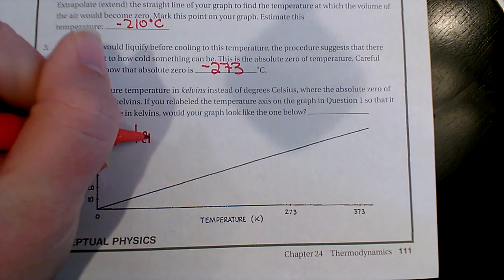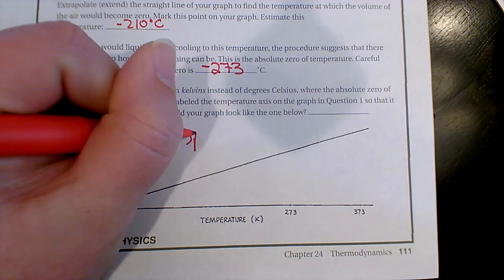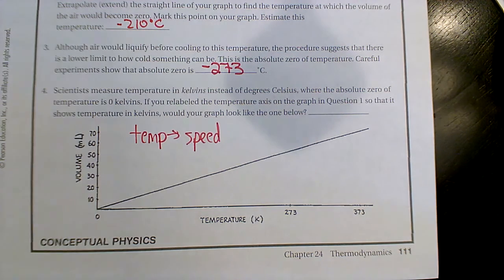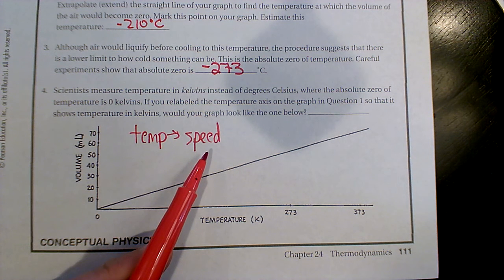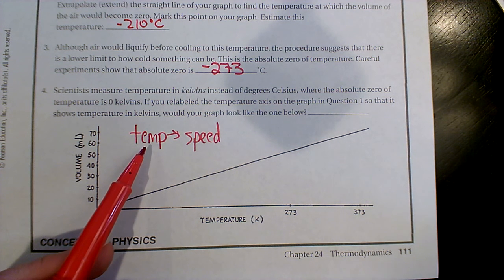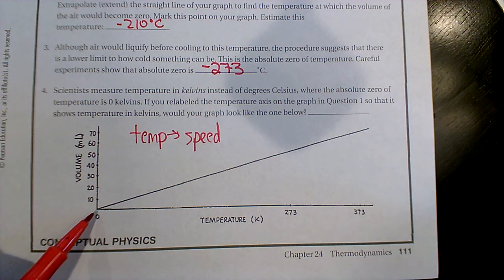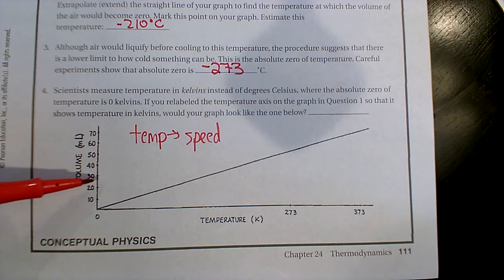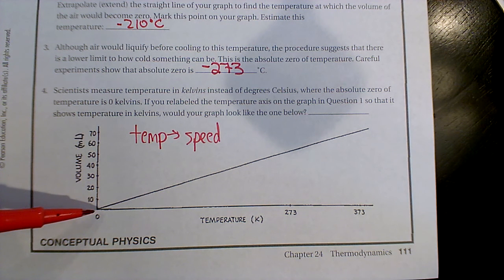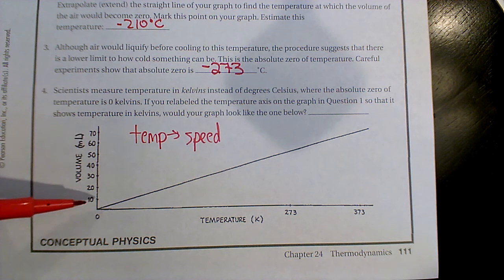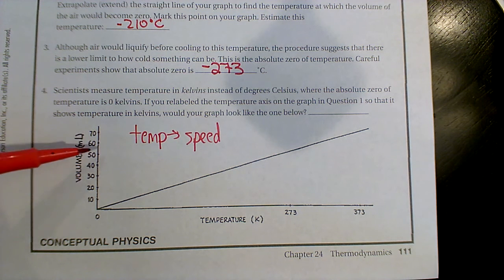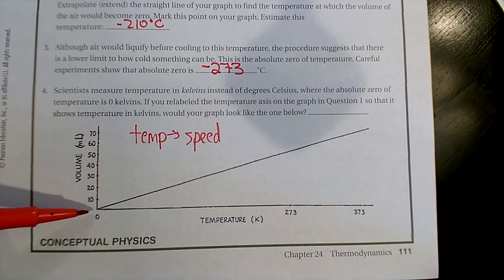So this idea of temperature as a measure of speed actually holds up, because when the speed is 0, the temperature is also 0. And yes, we could never actually squeeze particles until their volume is 0, but we're working off the idea that volume corresponds to temperature. So the colder it is, the less space it takes up.